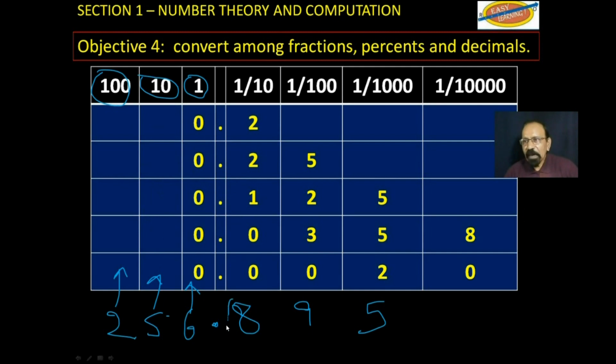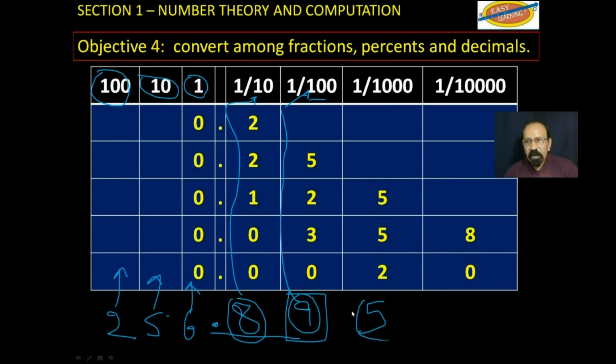And this 8 is in that 1/10 position. So that 0.8 is actually 8 over 10. This 9 is in the 100th position. So if we take the 9 alone, it would be 9 over 100. Of course, if we take the 0.89, it will be 89 over 100.